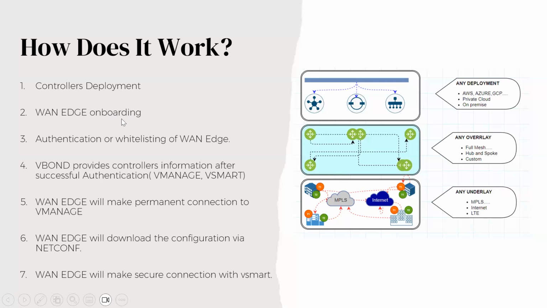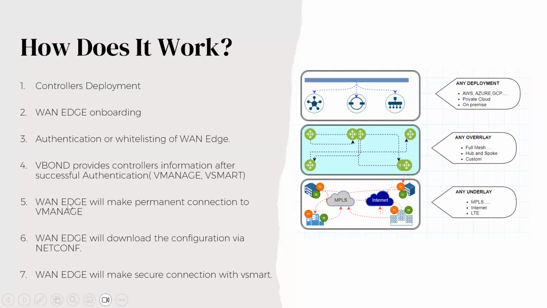Okay, and the next thing is that we have to authenticate that particular WAN edge, because anyone can introduce a router and just announce itself, saying that I am a part of this SD-WAN fabric. So we have to authenticate that router with the vBond. vBond will authenticate the router, and after successful authentication, the vBond controller, which is the authenticator, will provide the information of the vManage and vSmart: the IP address and the hostname of the vManage and the vSmart.